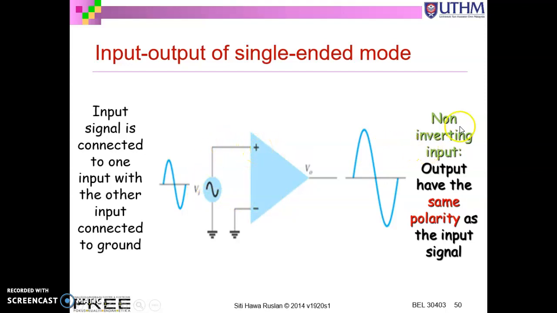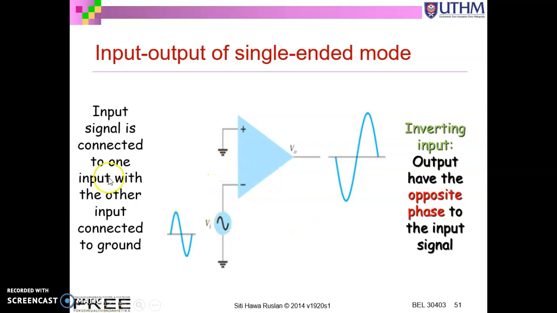That's why you call it a non-inverting input, where you will have your output in the same phase as your input. Only that your input over here will be amplified. This is called single-ended because we only have one input. The other terminal is connected to ground.